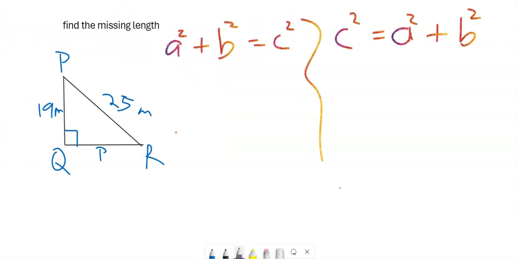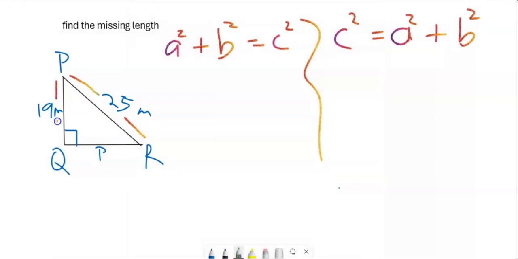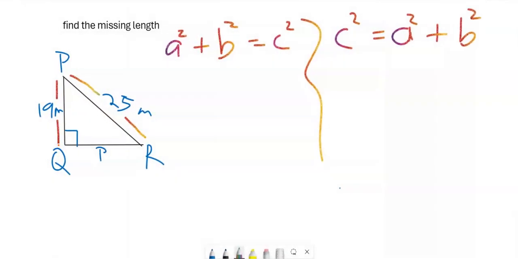the right-angled triangle. Alright, so we have the hypotenuse, PR, 25 meters in length, and we have one of the short sides, PQ, which is 19 meters in length. So you substitute what you have into the formula, and our unknown side is labeled p.